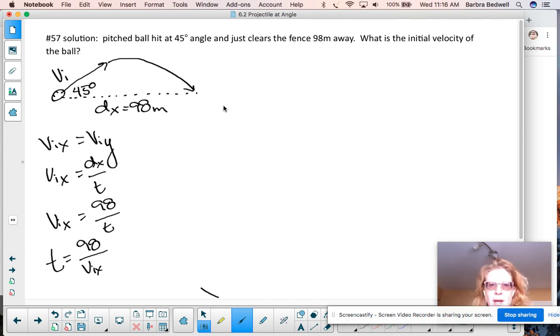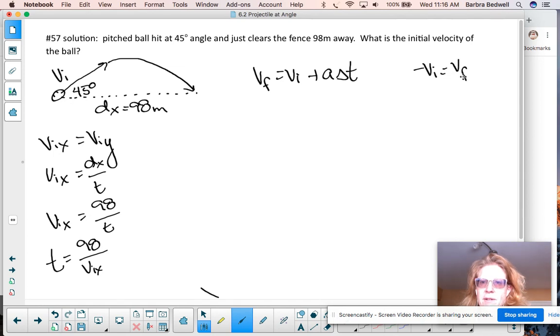If I look at our y component motion, I'm going to take advantage of a second piece of information: Vf equals Vi plus a delta t. I know that if something's taking off and landing, VF and VI are the same, just in opposite directions. So I can say that negative VI equals VF. I'm talking about projectile motion in the Y direction, not the X direction.